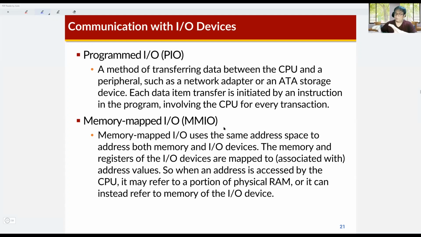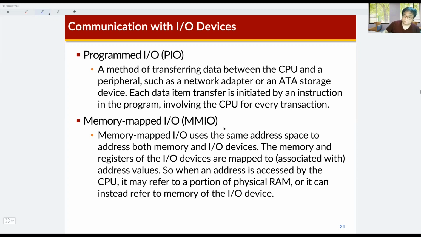But if memory mapped I/O is applied, some dedicated registers or some memory space inside of the I/O devices are handled like normal memory space in the computer system.